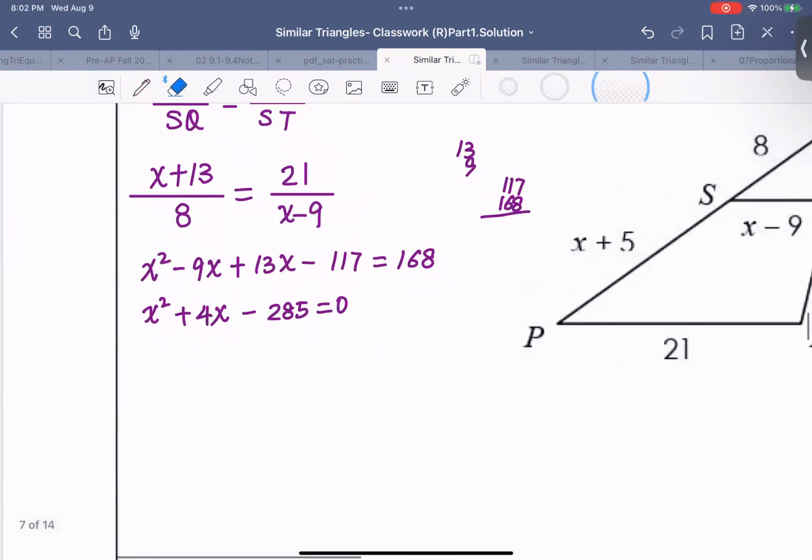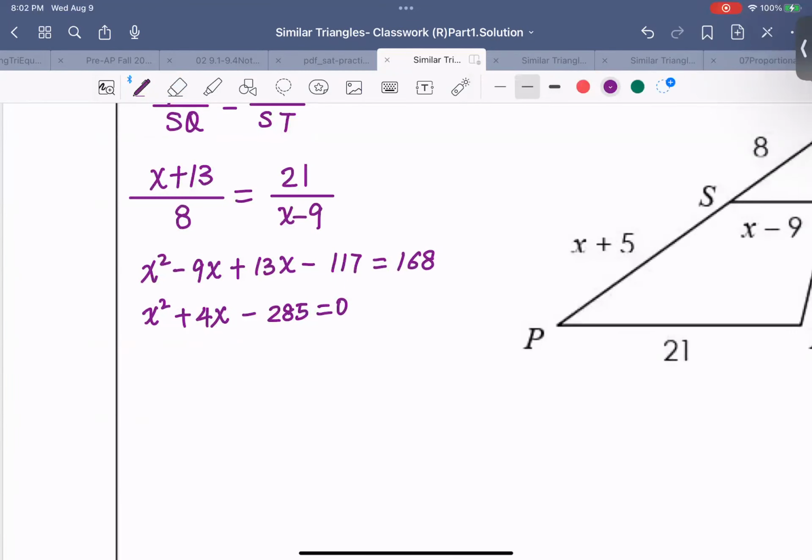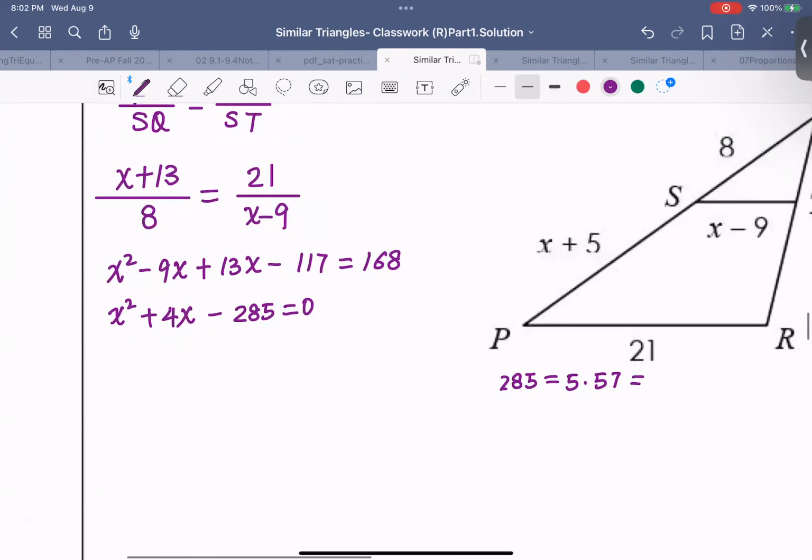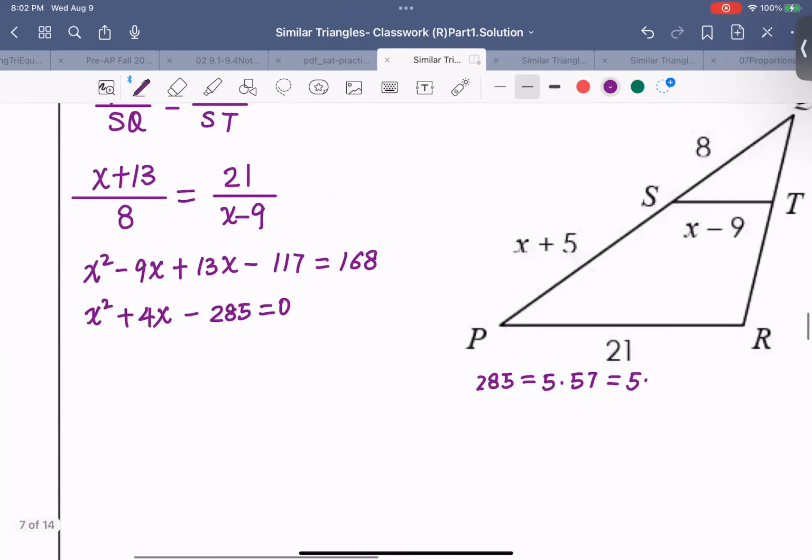So 285 is divisible by 5, which is 5 times 57. And 57 is divisible by 3, so it's 3 times 19. Did you see the pattern now?